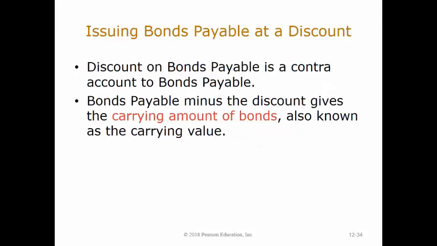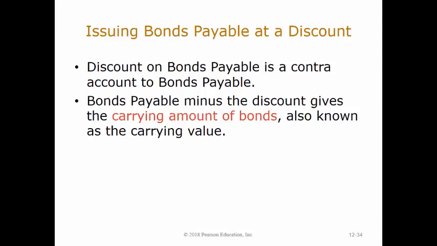Discount on bonds payable is a contra account to bonds payable. Bonds payable minus the discount gives the carrying amount of bonds, also known as the carrying value. The carrying amount of bonds is the bonds payable minus the discount account current balance or plus the premium account current balance.